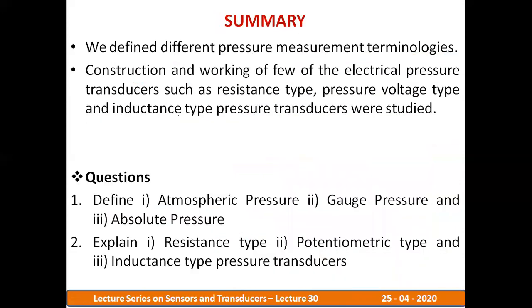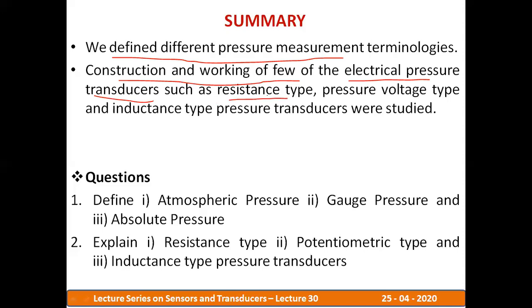Summarizing the topics dealt today. Initially we defined some of the pressure terminologies like atmospheric pressure, gauge pressure, and absolute pressure. Later we went through the construction and working of electrical pressure transducers such as resistive type.